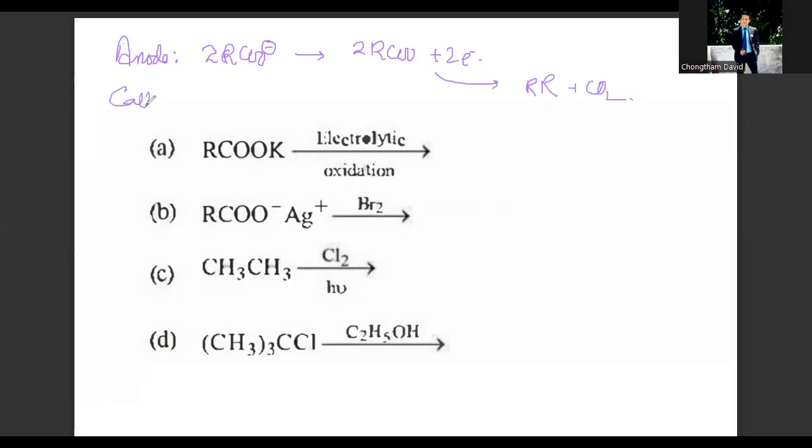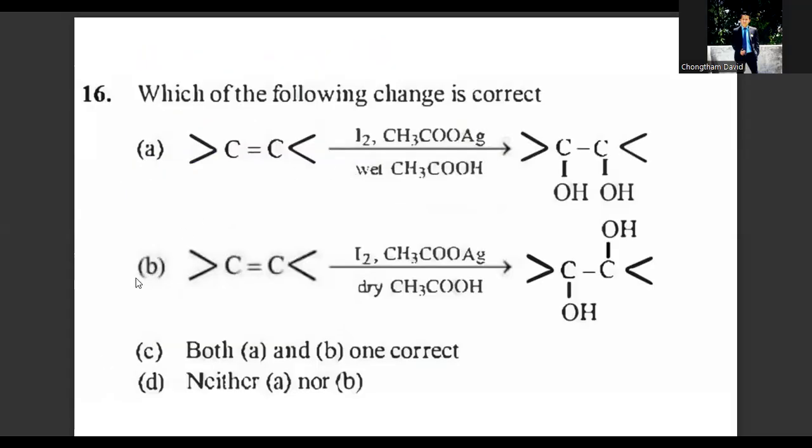Whereas at the cathode, potassium will be reduced. So the correct answer will be A. Let's see question number 16. Which of the following changes is correct?